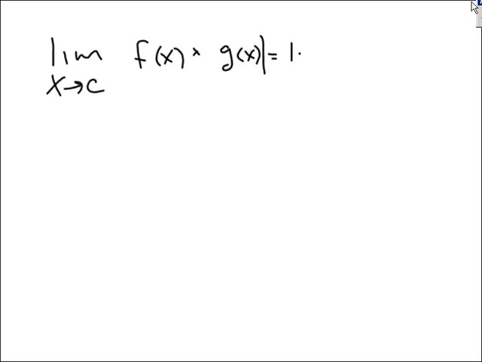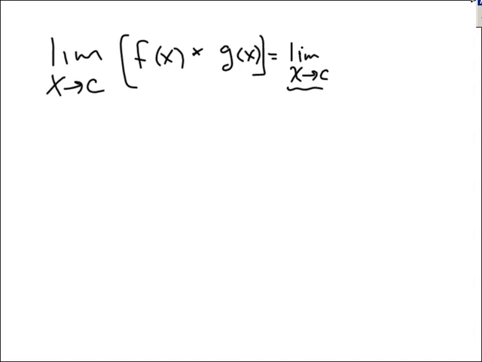Another two rules are for multiplication and division. If you have the limit as x goes to c of one function times another function, so you have the limit of f of x times g of x, you could alternatively take the limit.